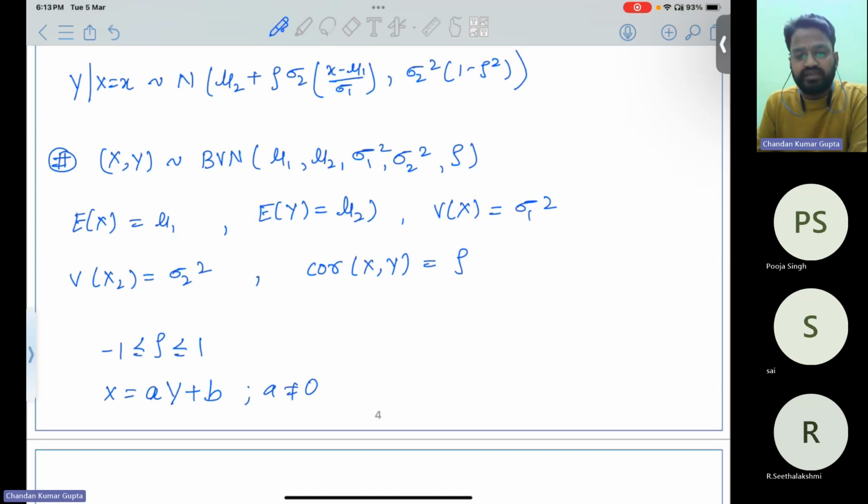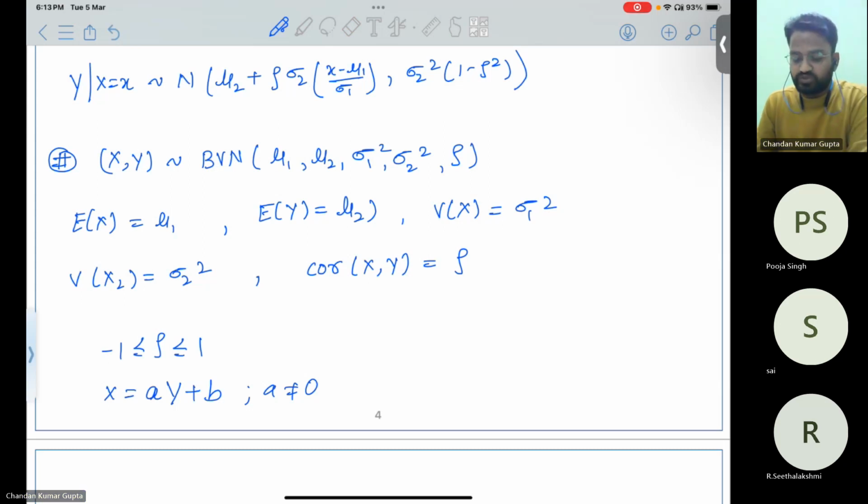Here x is directly or completely related to the other variable in a linear manner. So here it is either +1 or -1, depending on whether it is completely related in the same direction or in the opposite direction.